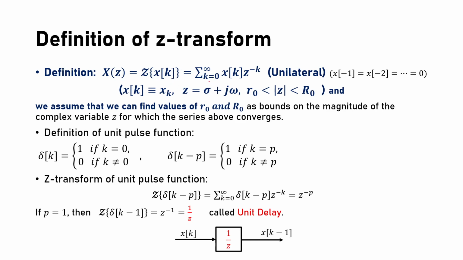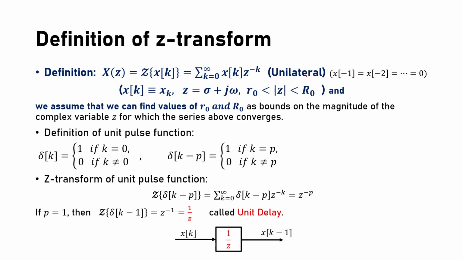The definition is the sum over k from 0 to infinity of the value h evaluated at time k, times z to the minus k. So this is called a unilateral formulation.